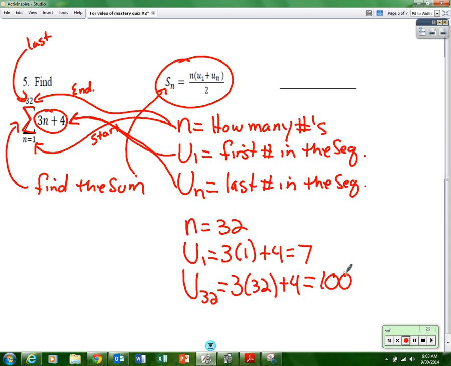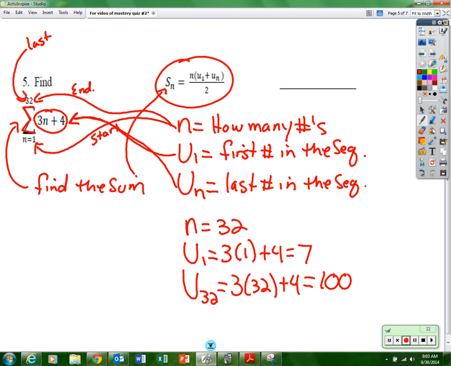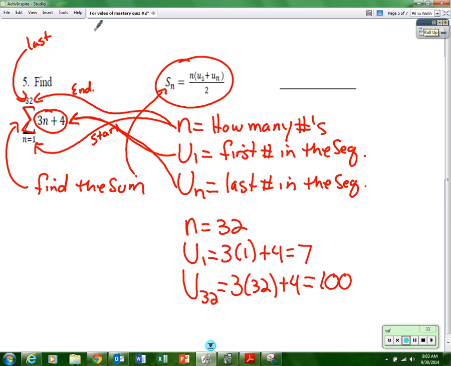So we have the information we need to plug into the formula. All right, now we're going to plug the numbers in. So we want to know the sum of the first 32 numbers in the sequence. So S sub 32 equals n is 32 times U sub 1 is 7 plus the last number in the sequence is 100 divided by 2.